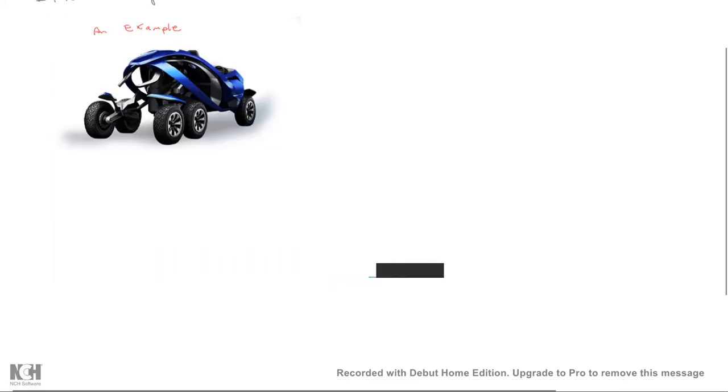As an example, let's look at this vehicle, or vehicle-looking car type of vehicle. It has 6 wheels, and we'll try to see that from a systems point of view. I can describe this as a system that might have some outputs of interest. For example, the velocity of this vehicle might be important to me, and I'm going to try to model this car's velocity.